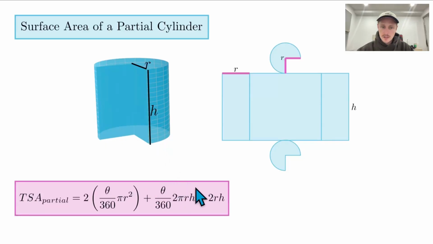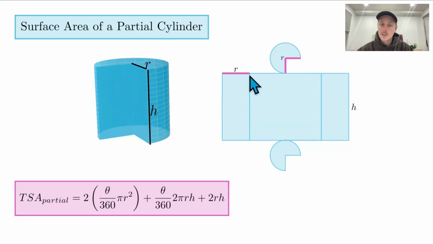Okay, let's try and make sense of this next part. We've also got this part here. So it's theta on 360 multiplied by 2 pi r h. Okay, let's think about this length here. This length here is no longer the full circumference of a circle. It's whatever fraction of 360 degrees we have. So it's theta on 360 multiplied by 2 pi r.